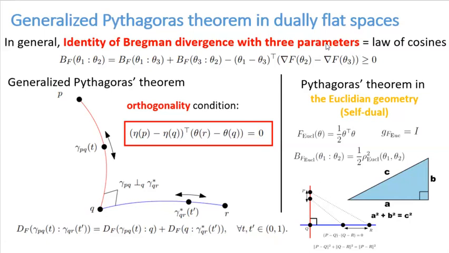Let's say this is a primal geodesic. I can slide this point on the dual geodesic, and I will always have this 3-point property. And this 3-point property is equivalent to that. So this is just an extension of Pythagoras theorem, and this is just an extension of the law of cosines in Euclidean geometry.